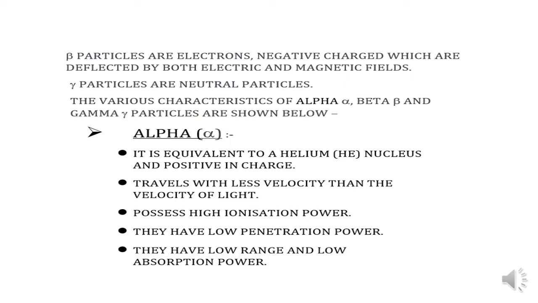Ionization power is the ability of a particle to split a neutral atom into positive and negative ions. Alpha particles have a low penetration power. A millimeter of aluminum foil can stop alpha particles. Alpha particles have low range and low absorption power.